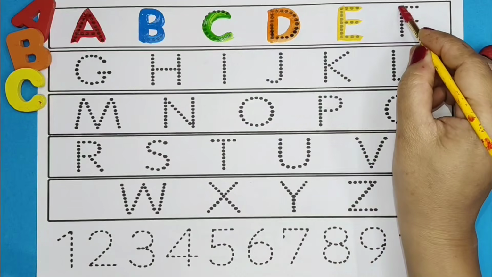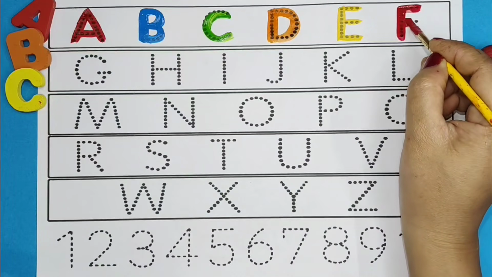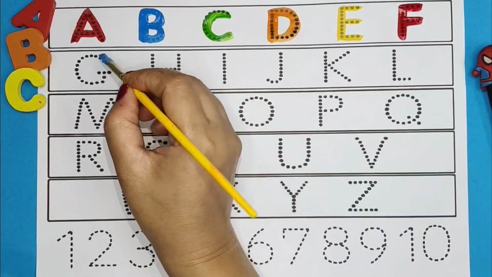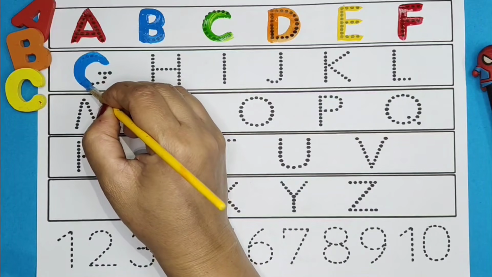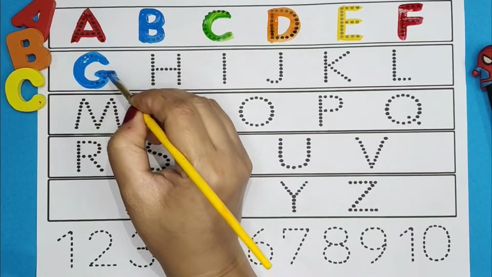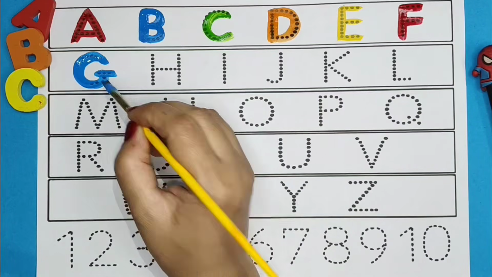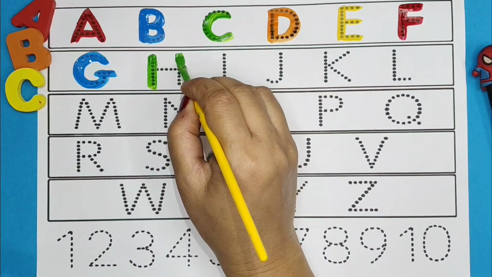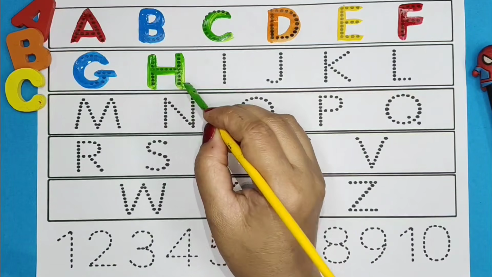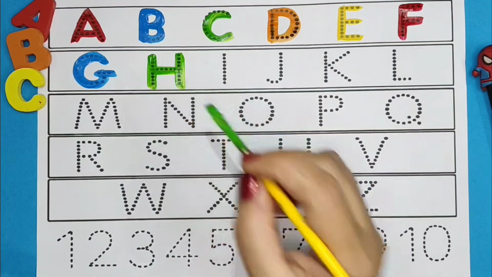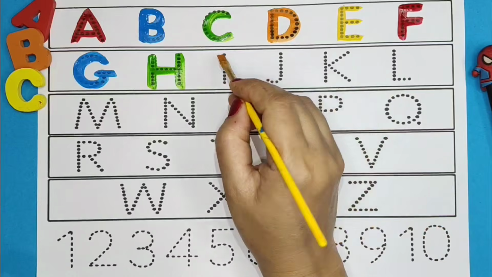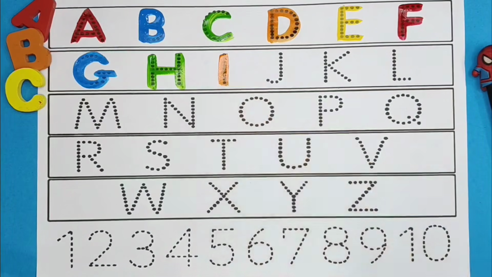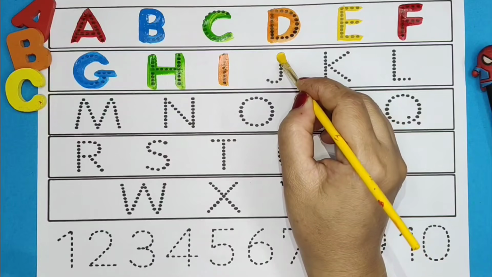Red color. F for frog. Sky blue color. G for goat. Light green color. H for horse. Orange color. I for island. Yellow color.